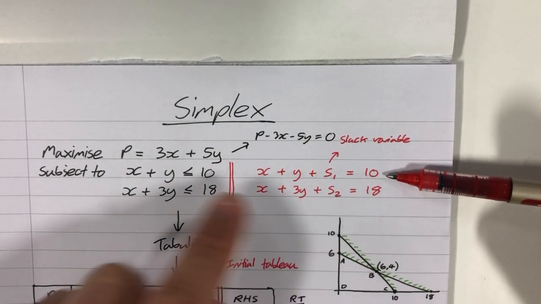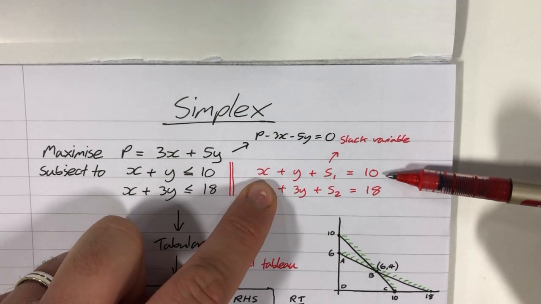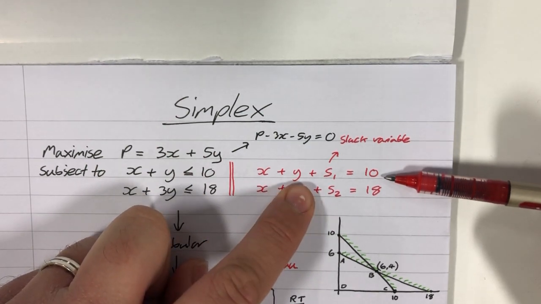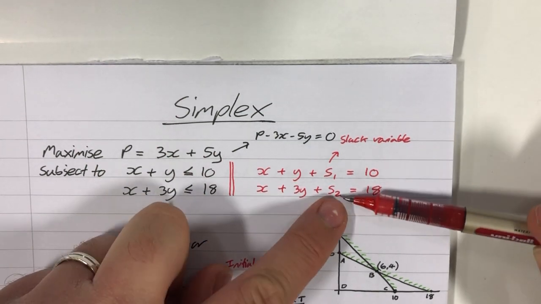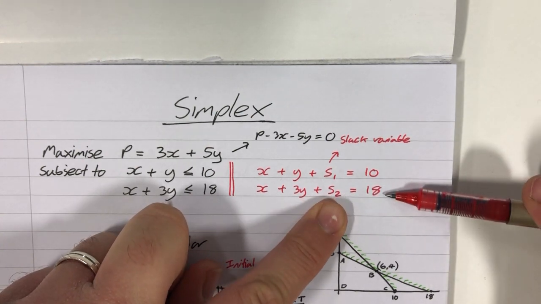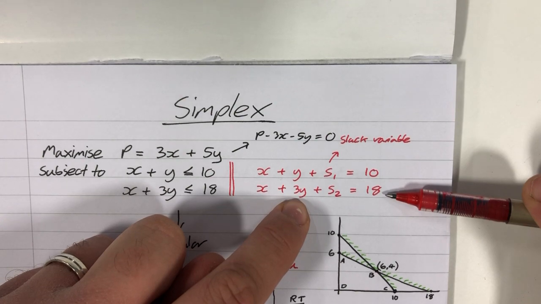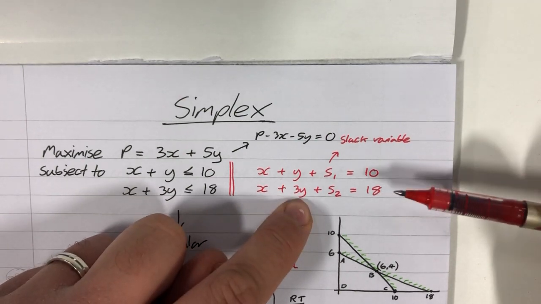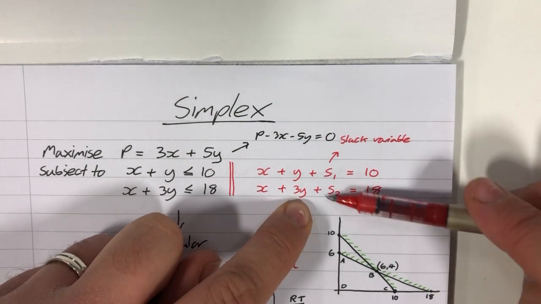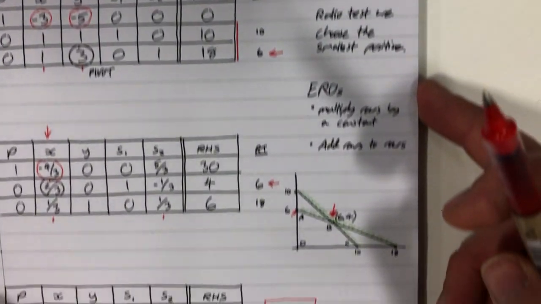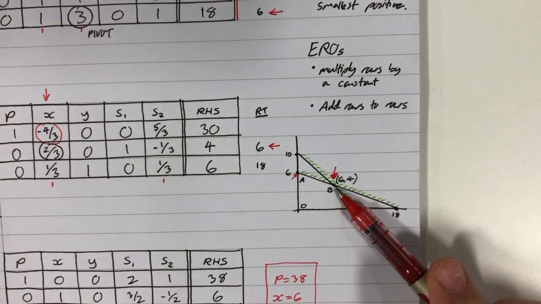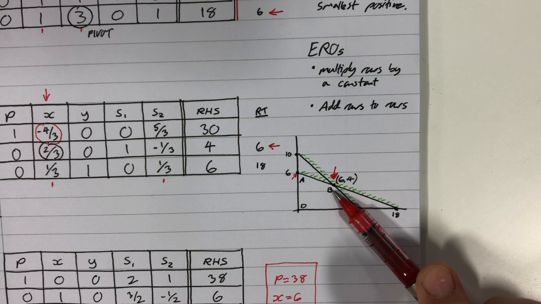So we are lying on this constraint. 4 plus 6 does indeed equal 10. The fact that S2 is also 0 says that we also lie on this constraint. And we can see that 6 plus 12 is indeed 18. So there's no slack left in this constraint. Graphically, what's going on? Our solution is where these two constraints intersect.